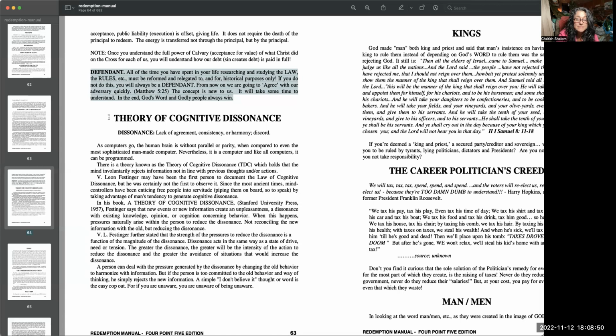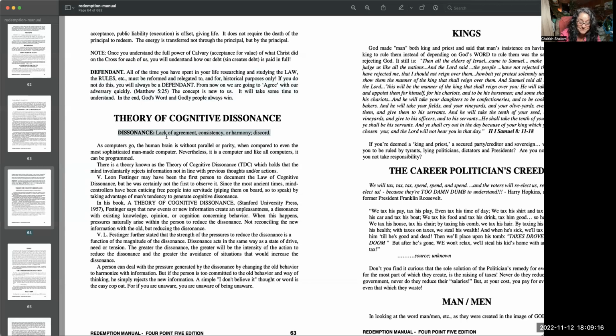Oh boy. The theory of cognitive dissonance. This is funny. Okay. Here it is. Dissonance, lack of agreement, consistency, or harmony.